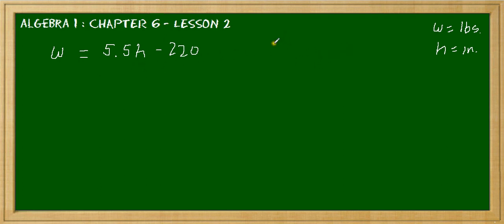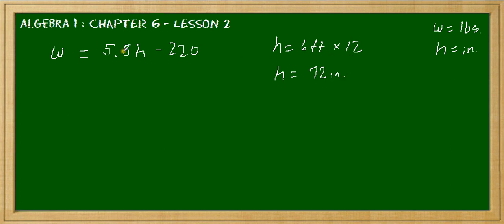We have a height which is equal to 6 feet. Now 6 feet doesn't work for us, we need them in inches, so we're going to multiply that times 12, and we're going to have the height is equal to 72 inches.